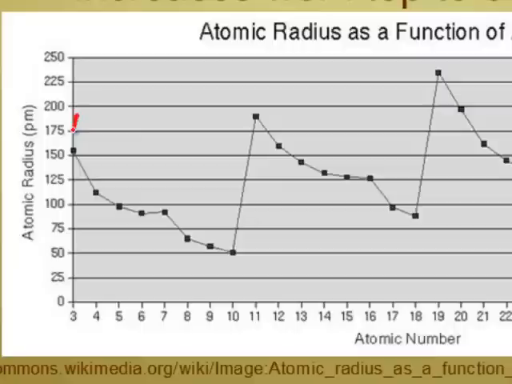Start with lithium, then beryllium, boron, carbon, nitrogen, oxygen, fluorine, and neon. So neon's the smallest in that period. Going across, yep. So I know I'm in a new period because suddenly it gets larger. Because we added another energy level. Okay, sodium.